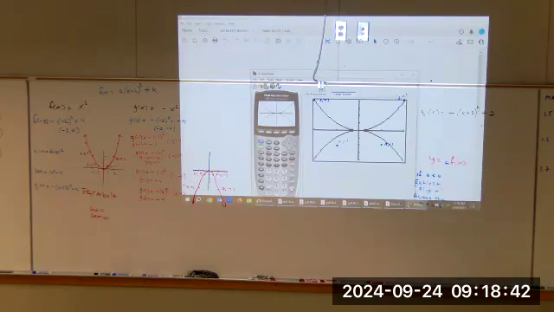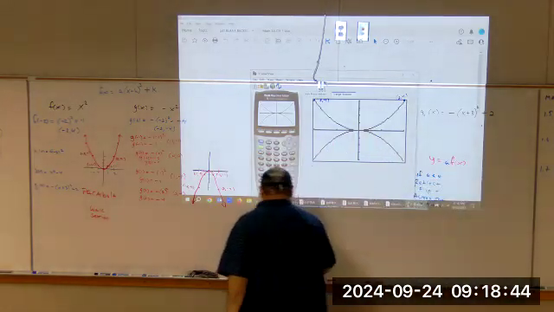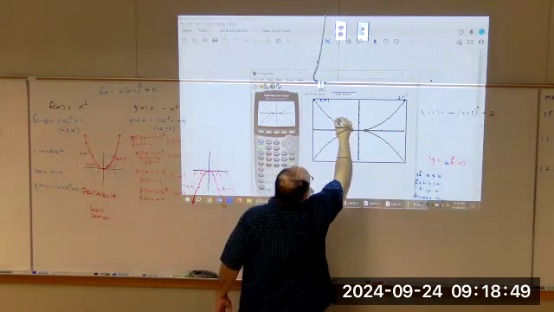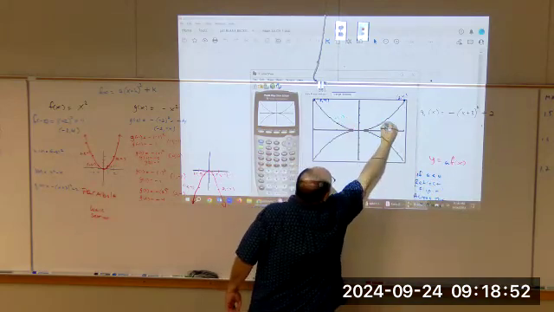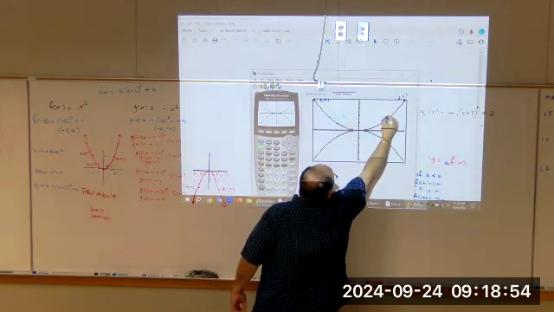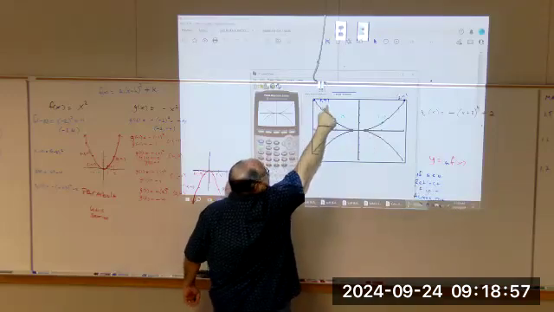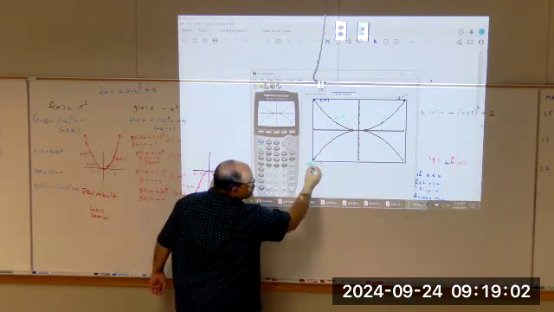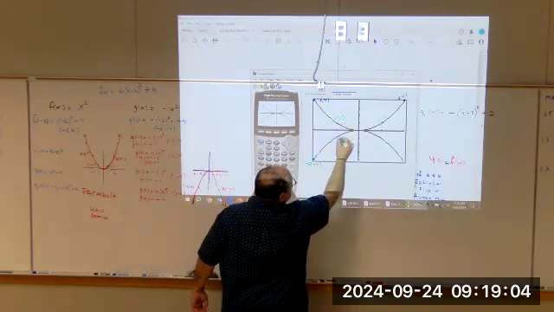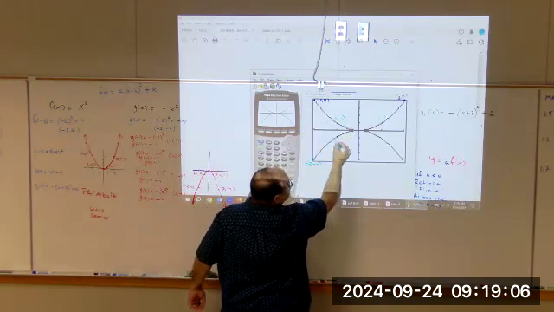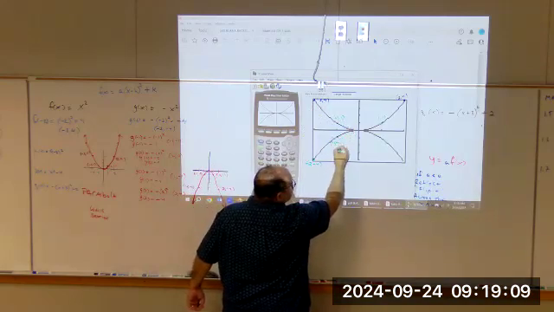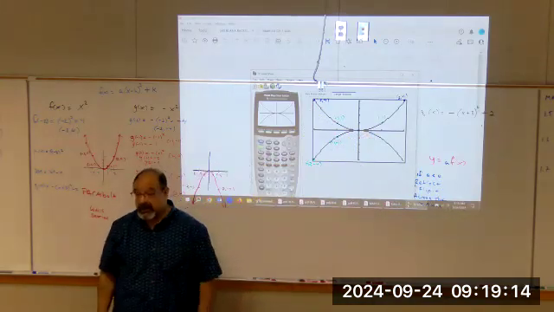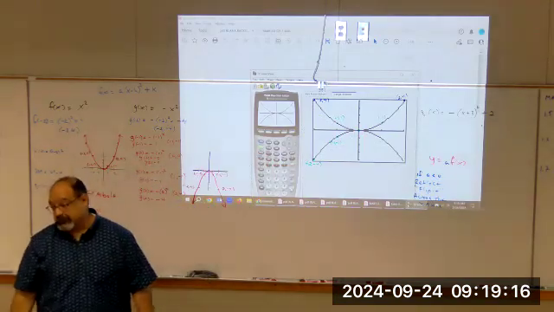It took the original function and flipped it. There's that -1, +1. There's that +1, +1. -2, 4 got flipped down here to -2, -4. -1, 1 got flipped down here to -1, -1. 0, 0 did not change because the opposite of 0 is still 0.